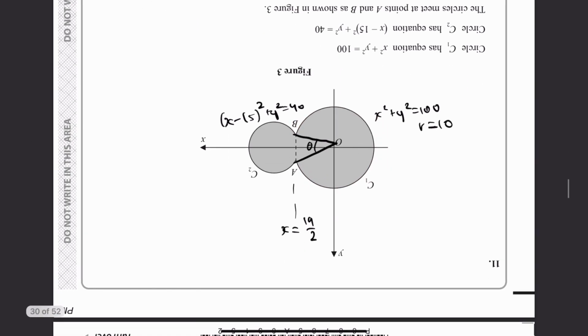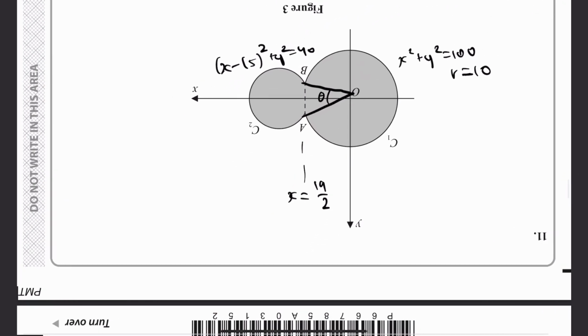Now we just got to work out this, and I'm trying to think of a better way of doing it, because I really don't want to have to work out this angle. You know, I think we might just have to. Work out this angle, man. Okay, we will just work out the angle here then.